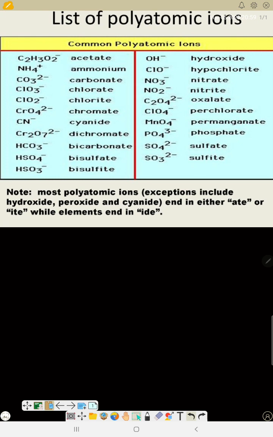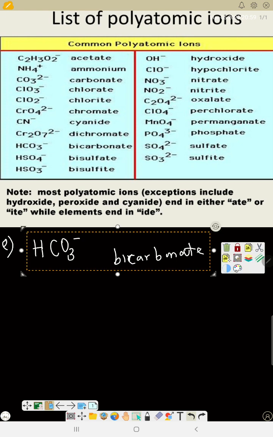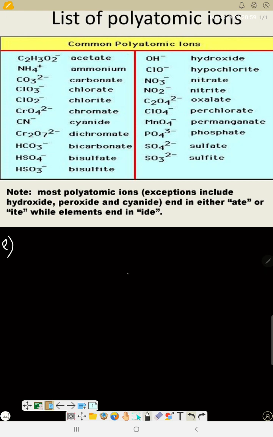So let's see another one. We have hydrogen carbonate, that is HCO3 or bicarbonate. So hydrogen carbonate or bicarbonate. So what will the full name be? To call this in full, this is hydrogen trioxocarbonate what? Now let's find the valency of carbon here. Hydrogen is plus 1.